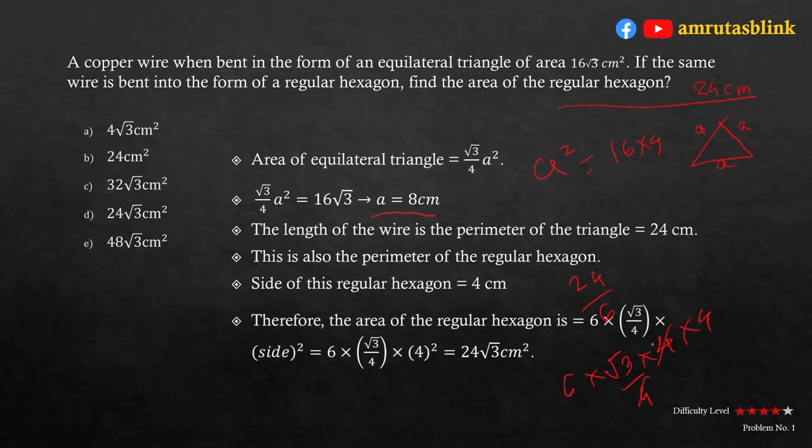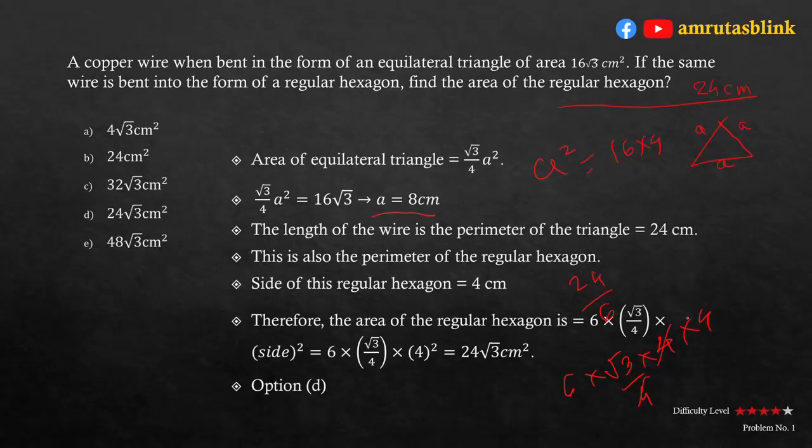So this 4 and 4 will get cancelled. 6 4s are 24. So it is nothing but 24√3 square centimeter, which is answer option D. 24√3 square centimeter will be the area of the regular hexagon, which is created from the copper wire of length 24 centimeter.